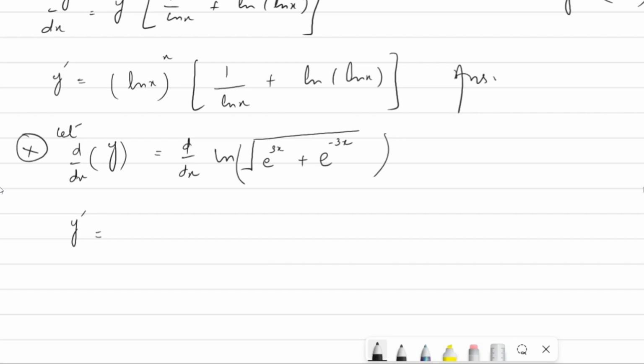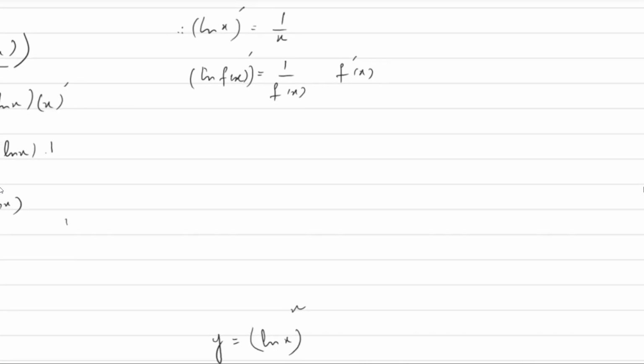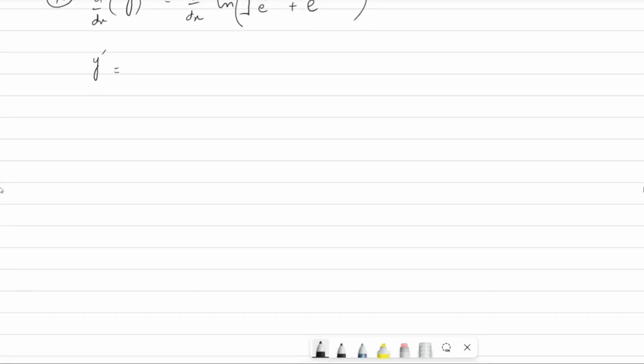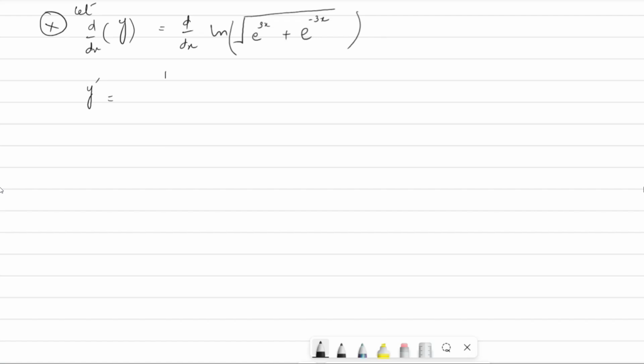So it would become y bar is equal to, yes, ln of any function. I have told you that the derivative of ln f of x is equal to 1 upon f of x into the derivative of this f of x. Fine. So here the same formula we are going to use. So it would be 1 upon e raised to the power 3x plus e raised to the power minus 3x, and then the derivative of this.